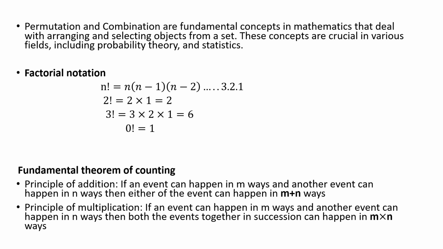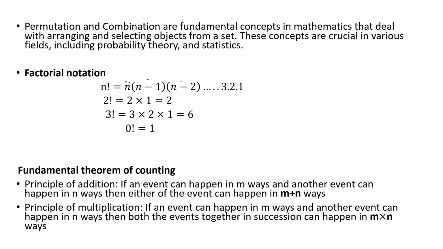So, first let us learn what is factorial notation. The factorial of n, denoted by n factorial, is the product of all numbers less than or equal to n. So we have n, n minus 1, n minus 2, etc. up to 3, 2, 1.